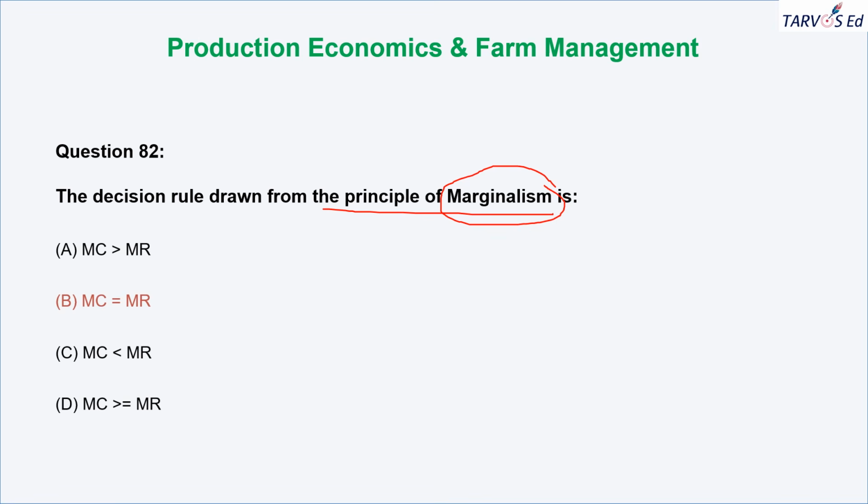The answer is that marginal cost is equal to marginal revenue, and this operates in stage 2, the rational stage of the classical production function.